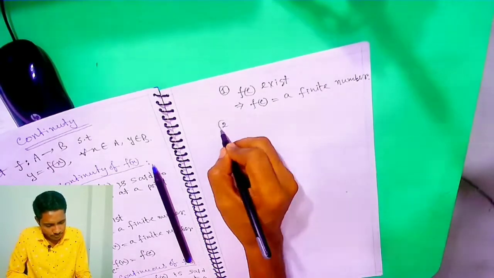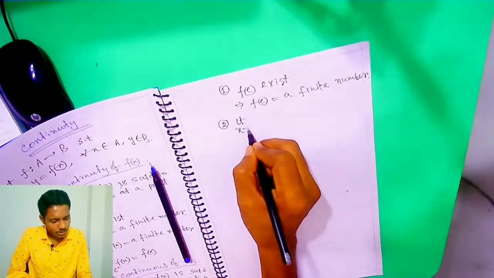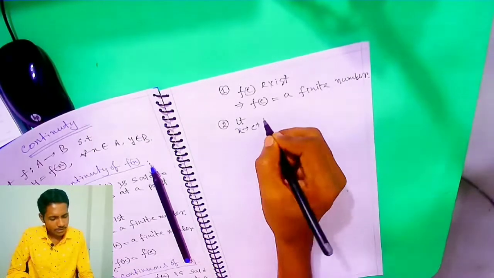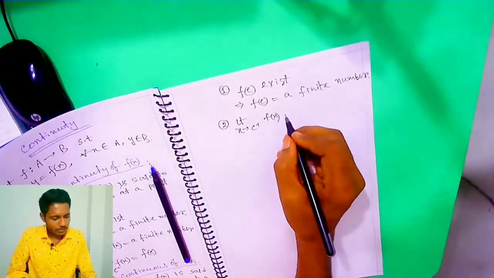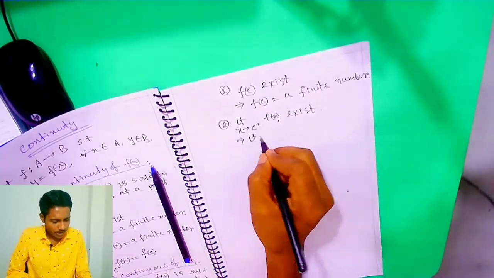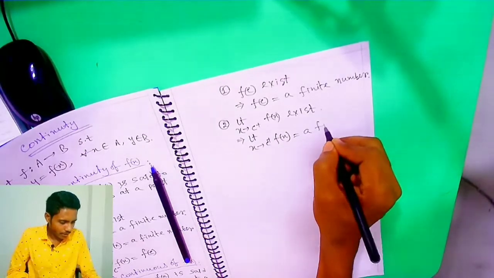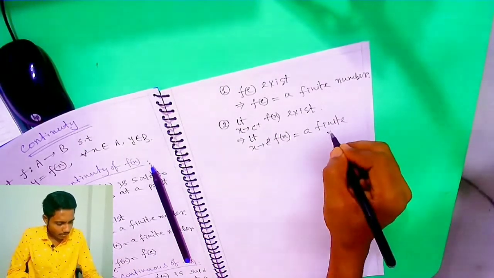Two, limit x tends to c plus of f(x) exists, implies limit x tends to c plus of f(x) is equal to a finite number.